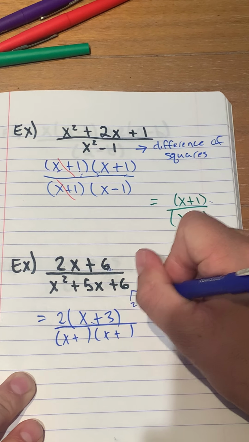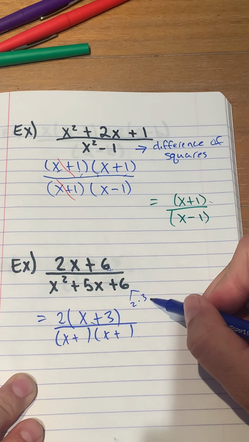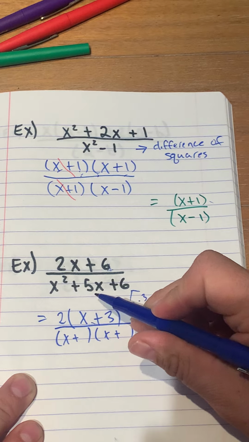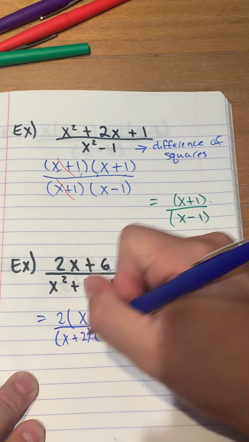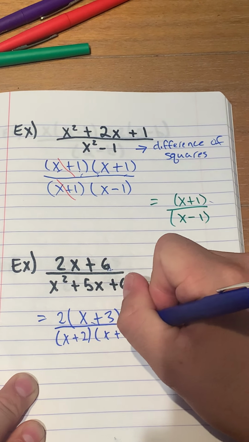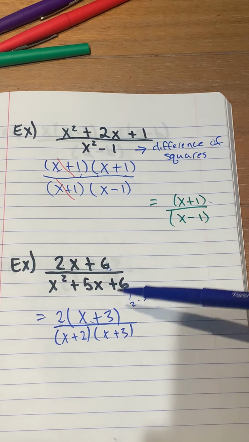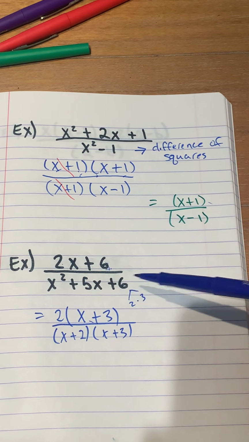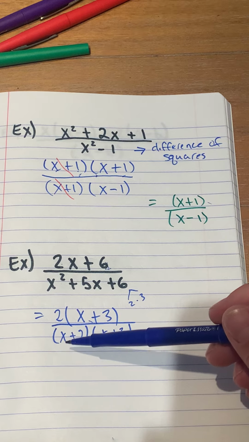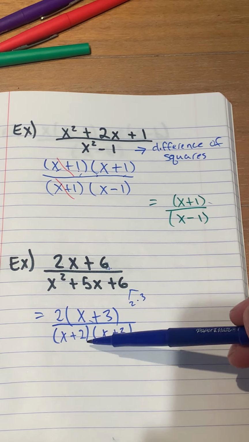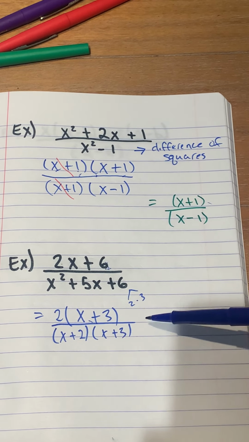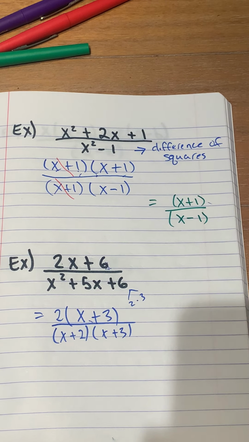That's 2 times 3. 2 times 3 gives me 6, and 2 plus 3 gives me the 5 that I need. It doesn't matter where I put them. So x squared plus 5x plus 6 factored gives me x plus 2 in parentheses times x plus 3 in the second set of parentheses.